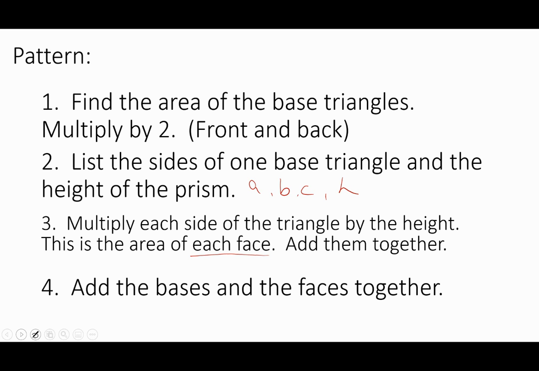We add the bases and the faces together to get the total surface area. If we wanted only the lateral area, that's just the sides. It's just the sides. Okay?